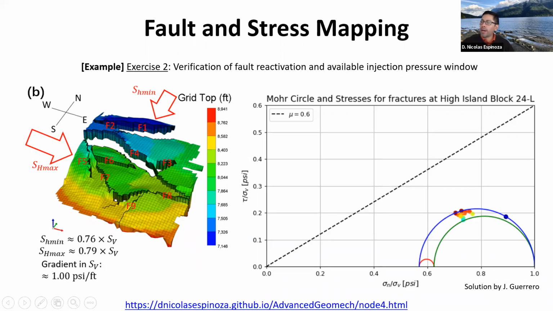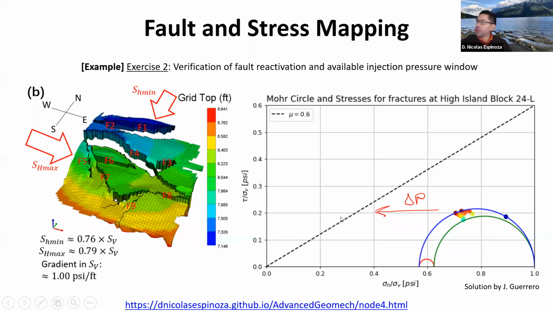We have a map of a faulted reservoir with several faults, and depending on the strike and dip of the faults, and the initial conditions of stress and pore pressure, we can calculate the available pressure so that those faults do not reactivate.